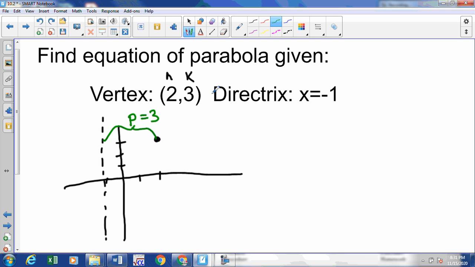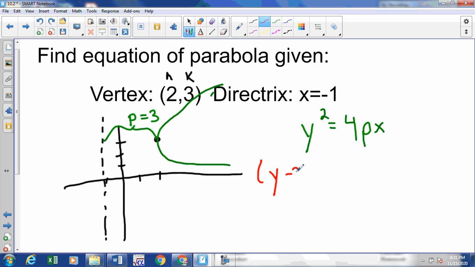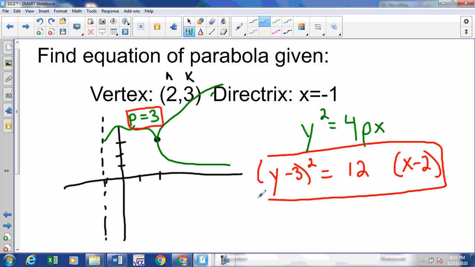I know just from this it is going to open to the right. Since this opens to the right, y squared equals 4px is the basic equation. So this would be (y minus k), (y minus 3) squared, equals 4p (x minus 2). My p is 3 because that's the distance from the directrix to the vertex. And so this is 12, and there is my equation.